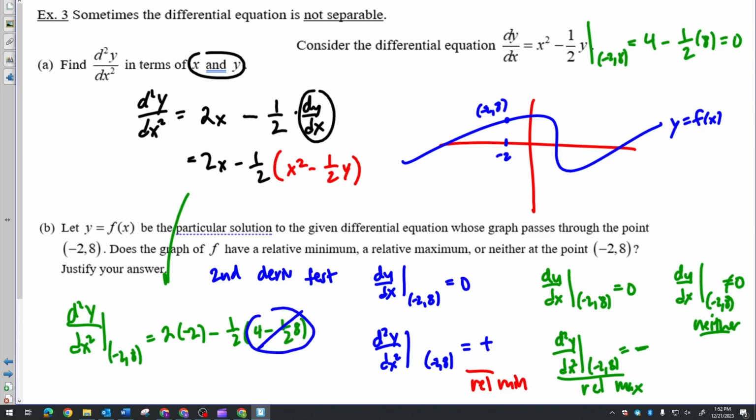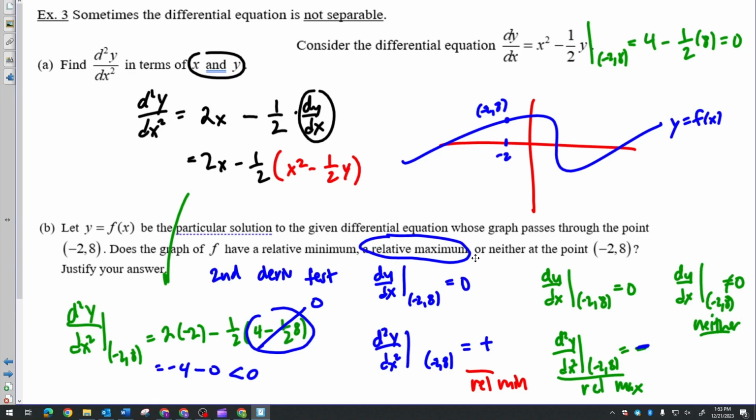So this is actually 0. And so the answer here is negative. Then this is equal to something negative. This is less than 0. And if your second derivative is negative or less than 0, then you have a relative max. So what I have here is a relative max at this point here, negative 2, 8.